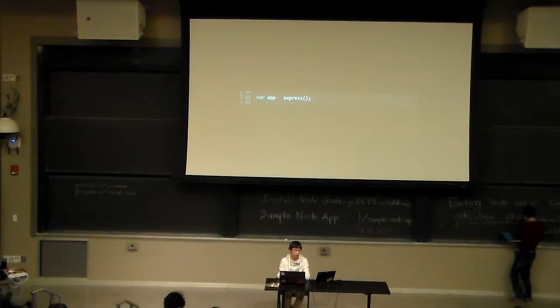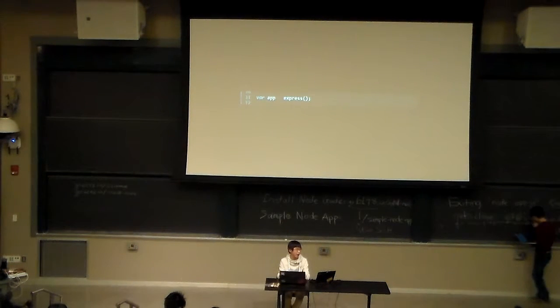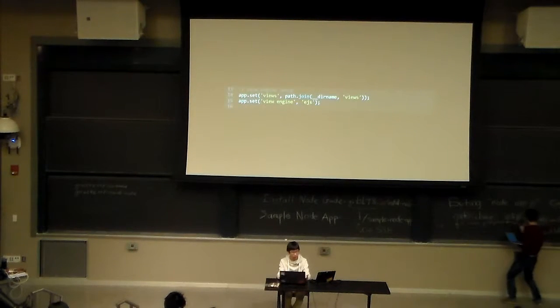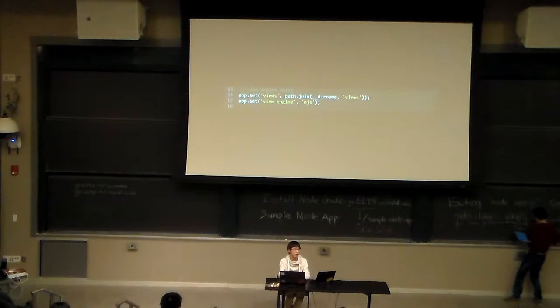And then we have a variable named app. This basically creates an instance of an Express app, and this will be the thing we will be using, representing our entire app. So having defined app, we can set several things like where to find the views folder for this app and what kind of view engine to use, which in this case is EJS.